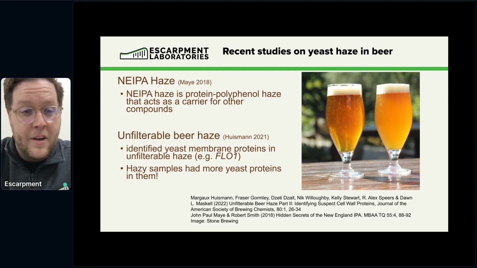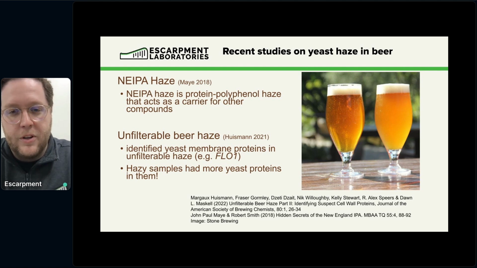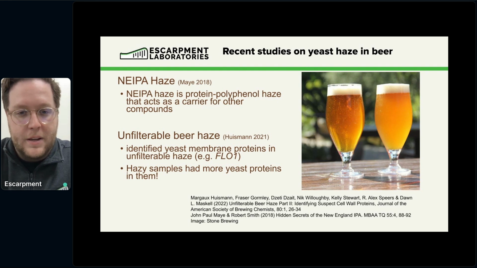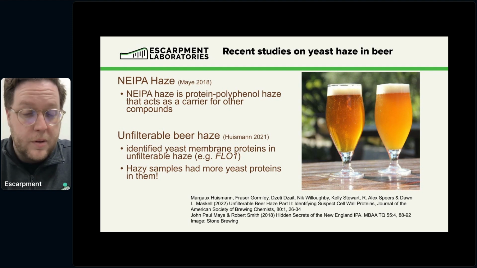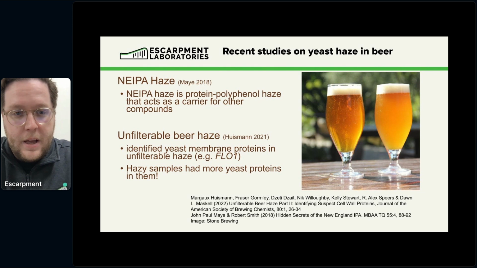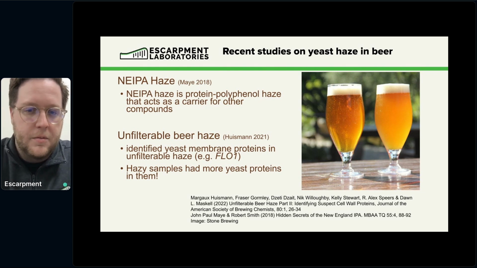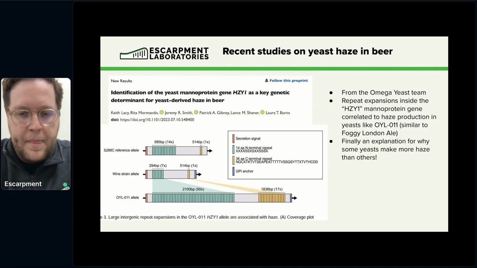So it was one of the first pieces of evidence that yeast proteins can directly impact haze in beer. In fact, the hazy samples had more yeast proteins in them than the non-hazy samples, although they did not find a cause. They didn't find a smoking gun. They just said, okay, there's yeast proteins that are impacting this. It's still very, very cool, showing some impact of yeast-dependent haze that isn't dependent on flocculation of the yeast.